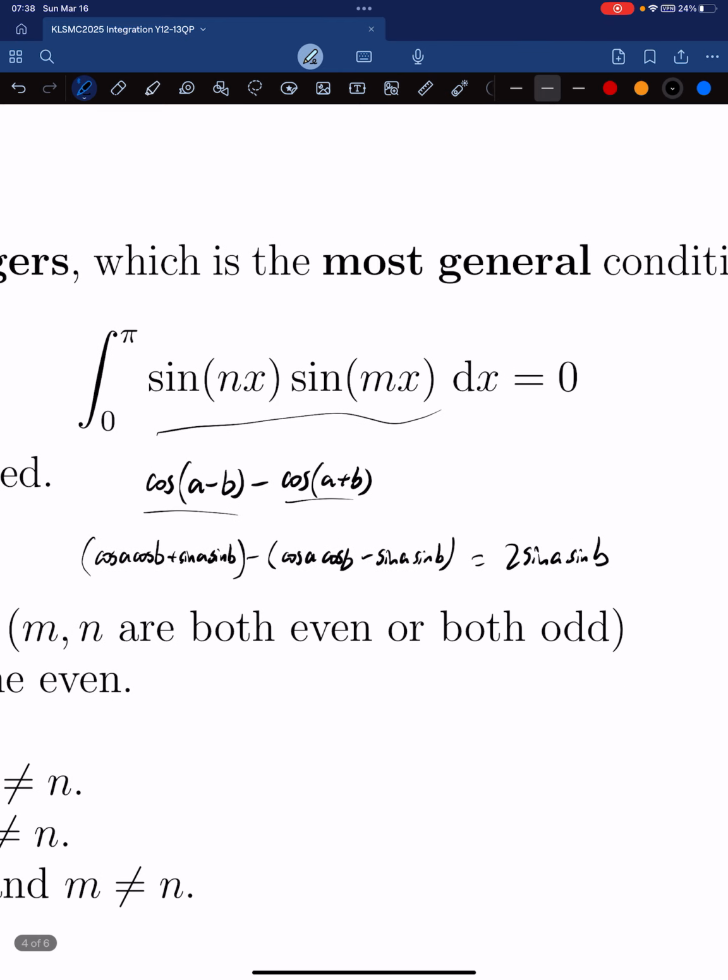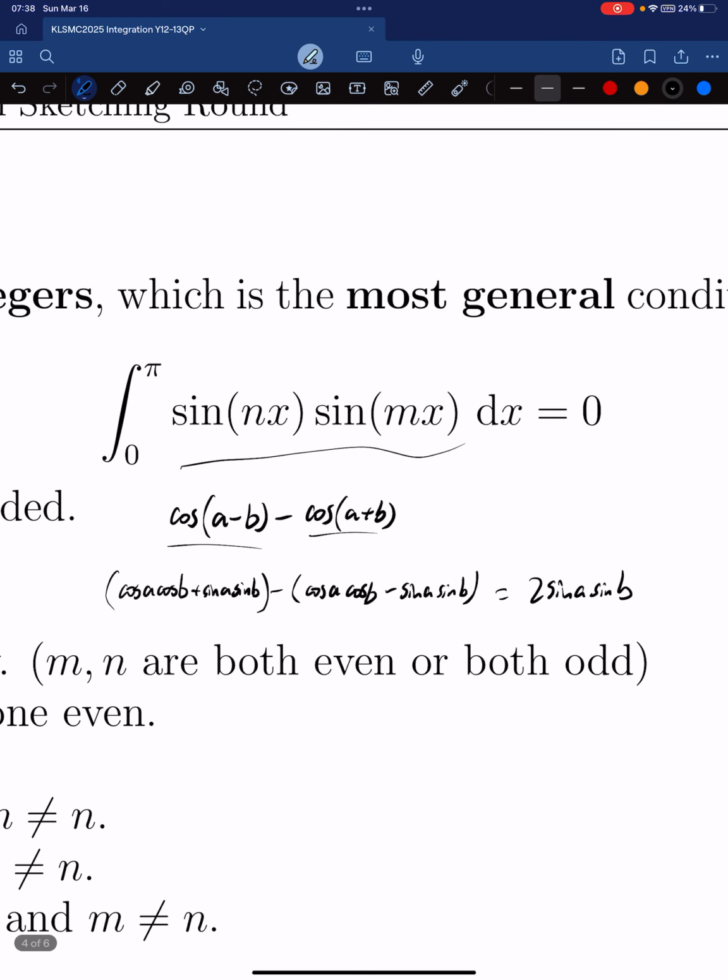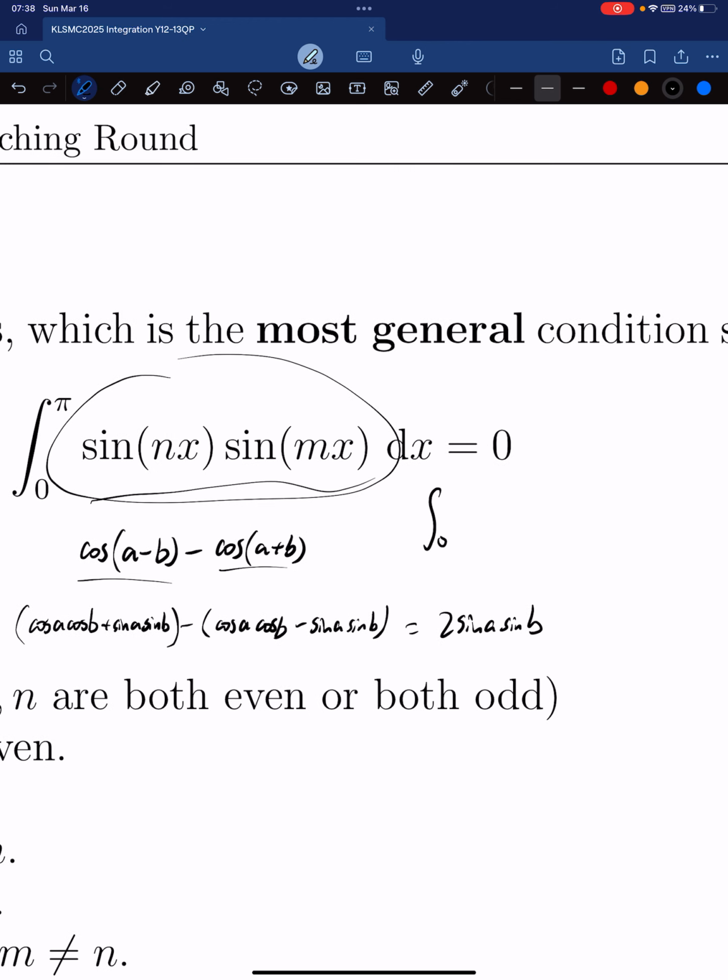Right, and because of our integral from 0 to pi, we can replace the integrand with cosine of n minus m x minus cosine of n plus m x.